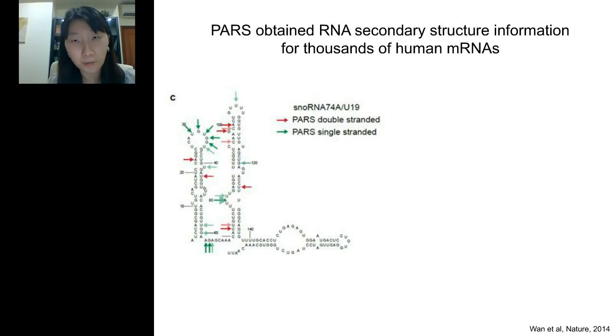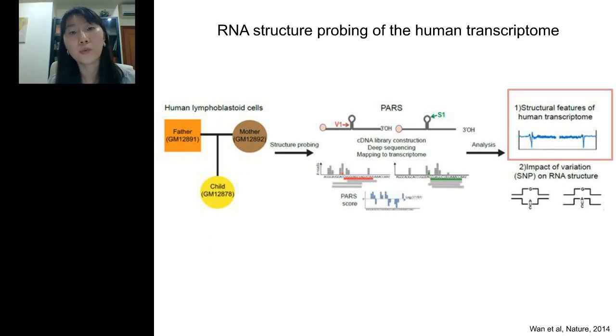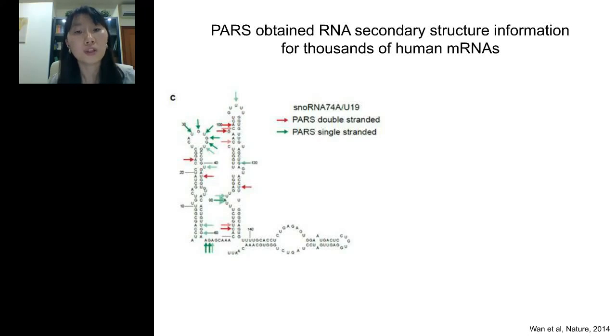We performed RNA structure probing in a family of three individuals: the father, the mother, and the child. When we first did this structure probing, the first thing we wanted to check was that our structure probing makes sense, meaning that what should be single-stranded does represent single-stranded, and what should be double-stranded does represent double-stranded.